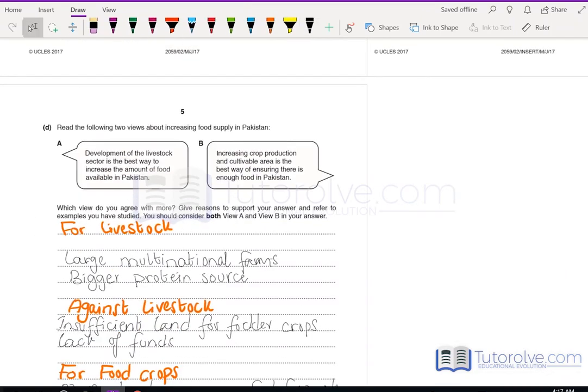Development of the livestock sector is the best way to increase the amount of food available in Pakistan. Increasing crop production in cultivable areas is the best way of ensuring there is enough food in Pakistan. So these are two views on the food supply in Pakistan. For livestock, large multinational farms and a bigger protein source are why it is a good way to increase the amount of food in Pakistan.